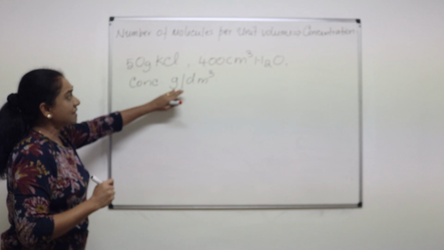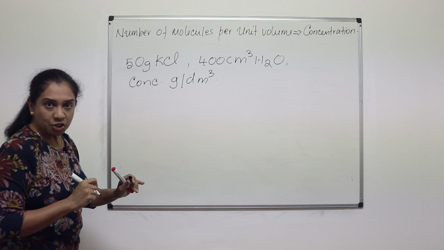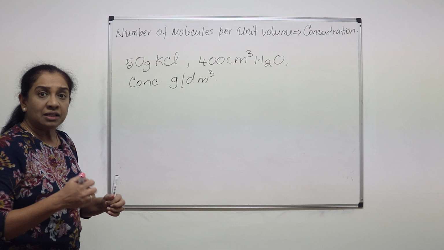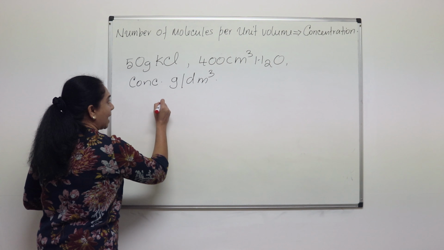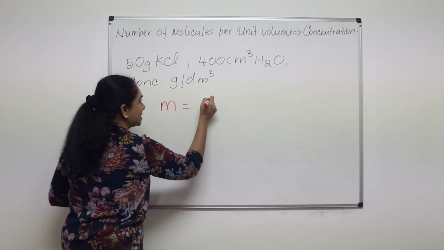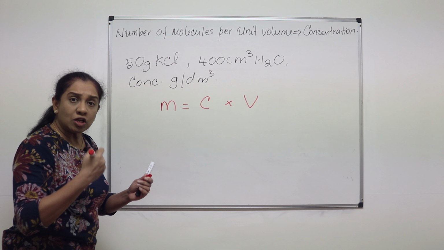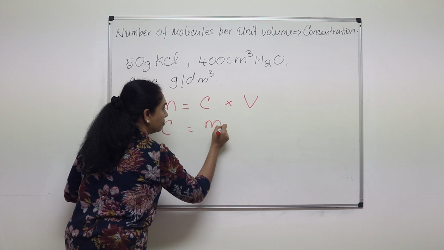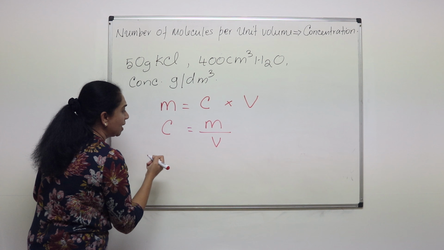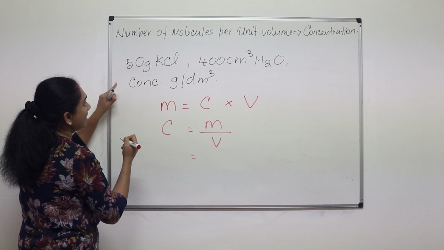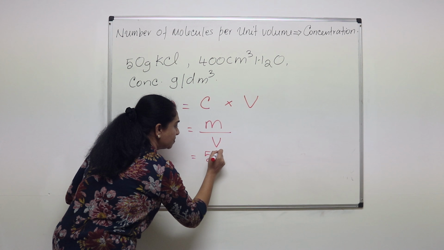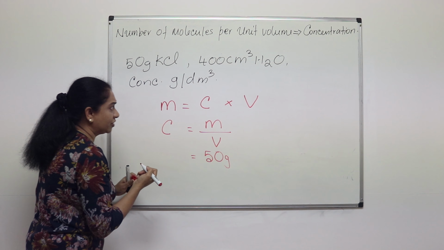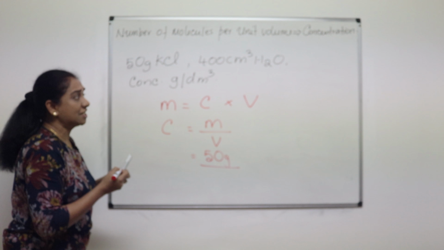Now we know this is related with the mass concentration. So first I'm going to use the equation m equals C times V, and I'm going to make concentration the subject. So C is equal to m divided by V. The mass given to me is 50 grams, so I'm going to substitute the 50 grams for the mass, and the volume is given as 400 cubic centimeter.